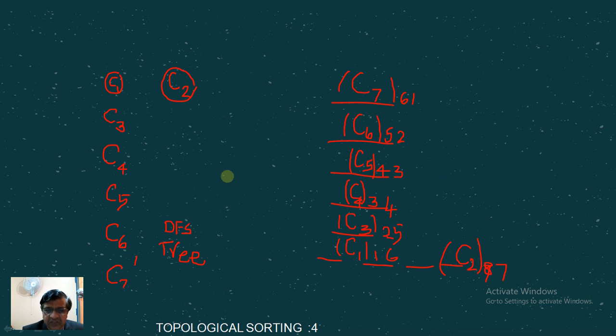Now we will write the order in which the vertices are popped. It is C7, then C6, then C5, then C4, C3, C1, and then C2.